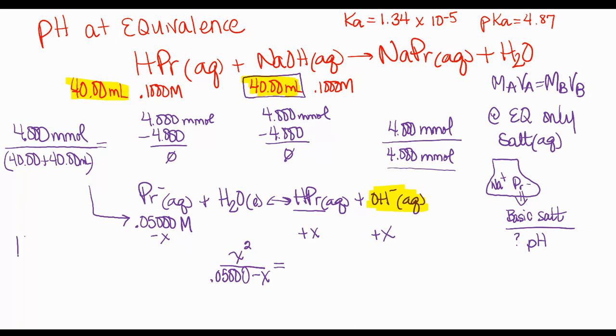And hopefully you yelled out, scaring your pets or friends at home, I need Kb. So Kb equals Kw divided by Ka.